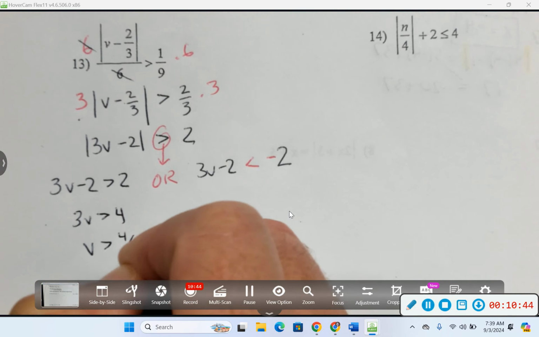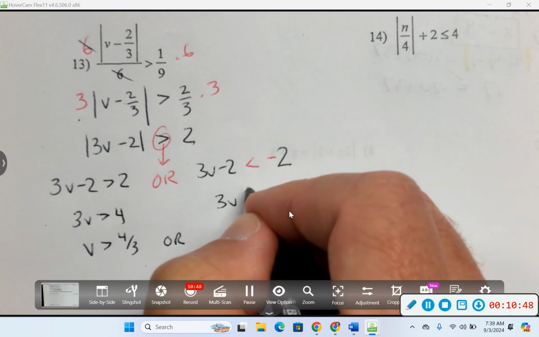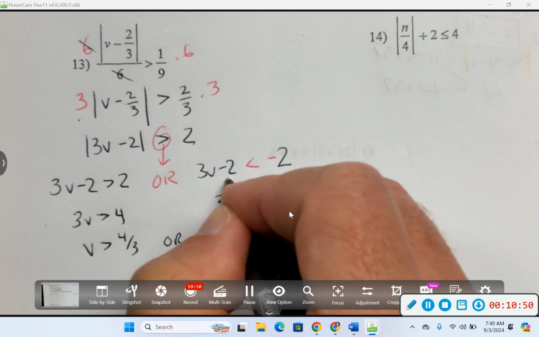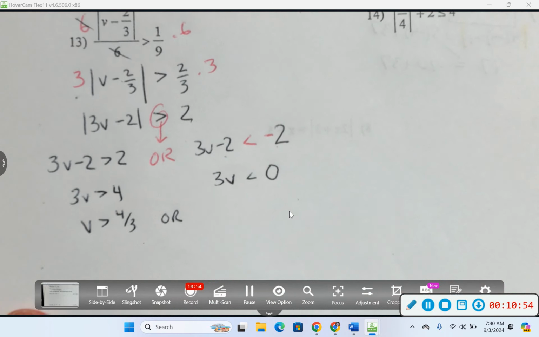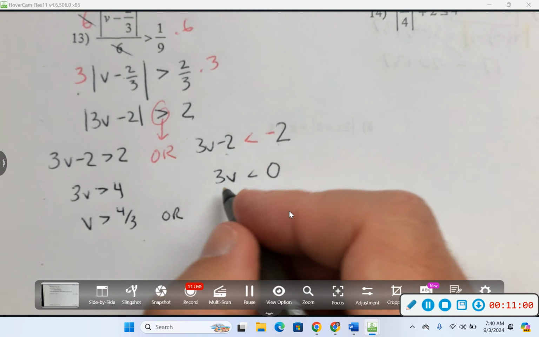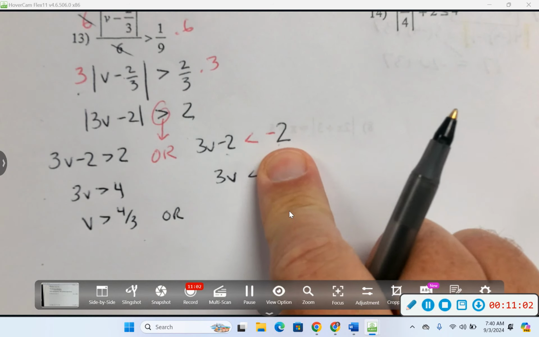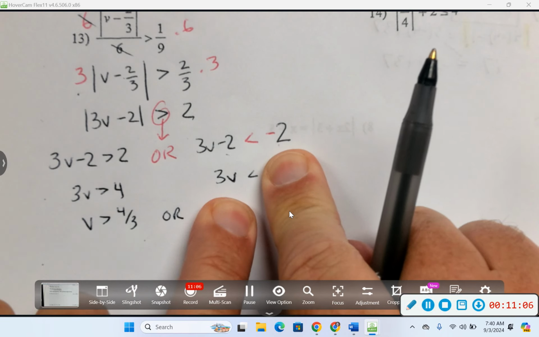V is greater than 4/3, or add 2 to both sides to get 0. Zeros mess people up. They get there and they'll either stop there or they're not sure what to do next. But just forget the 0. What would you do to get v by itself?